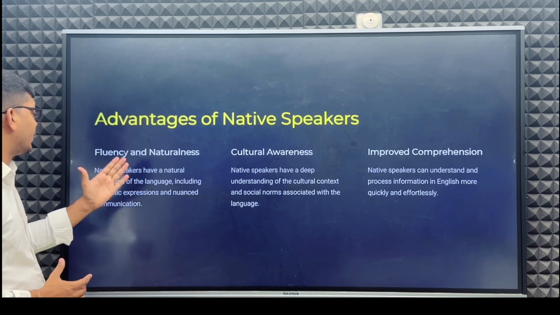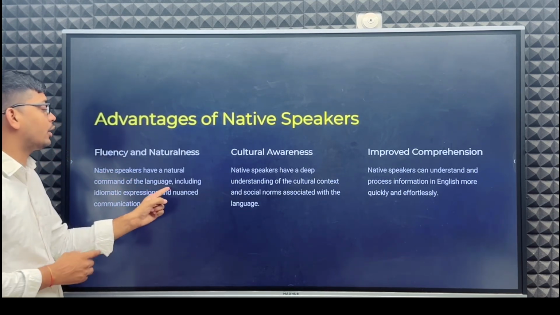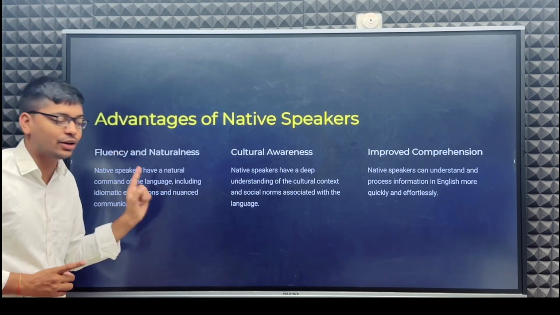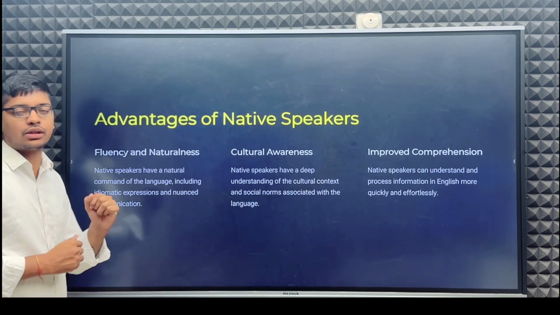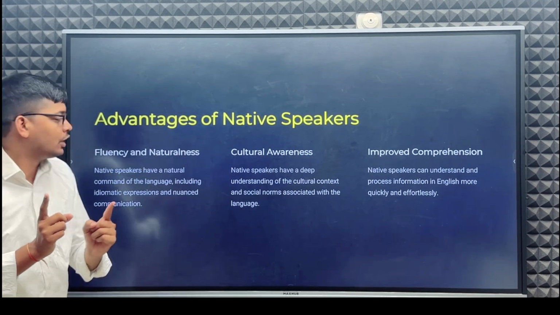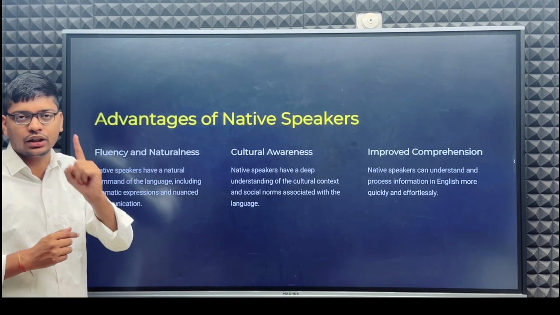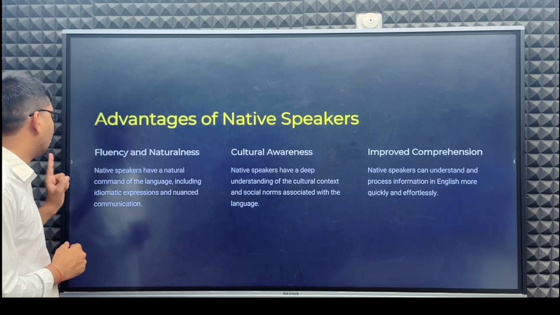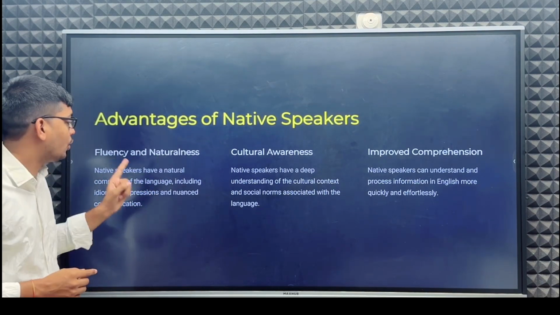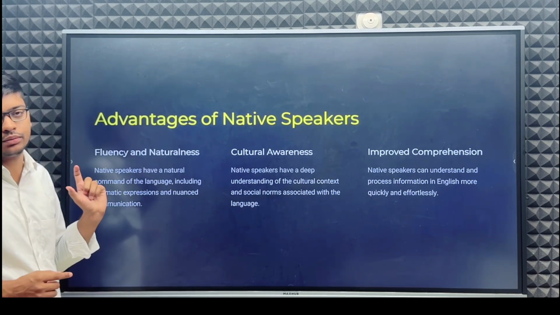Native speakers have a natural command of the language, including idiomatic expressions and nuanced communication. If you are a native speaker, your fluency automatically improves, and you have a natural command of a language like English, including idiomatic expressions and nuanced communication.